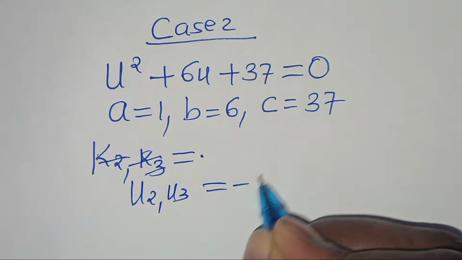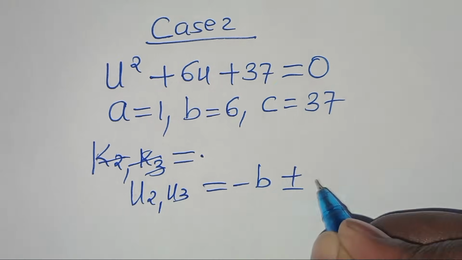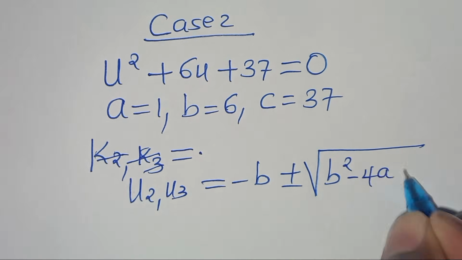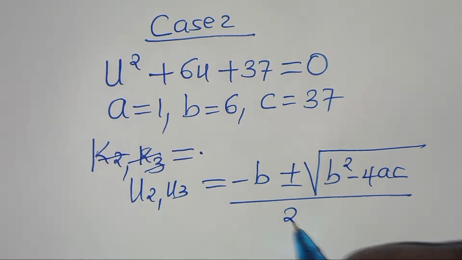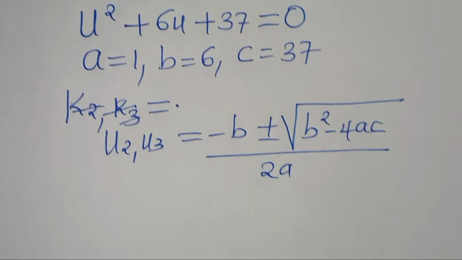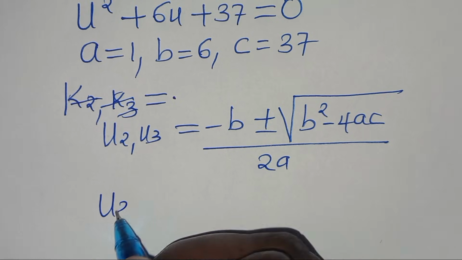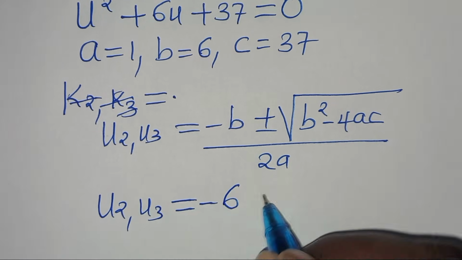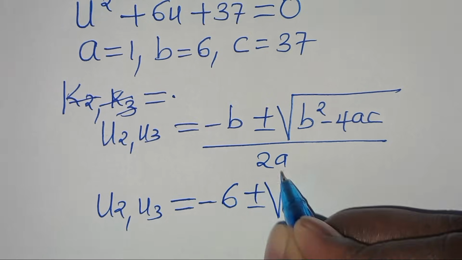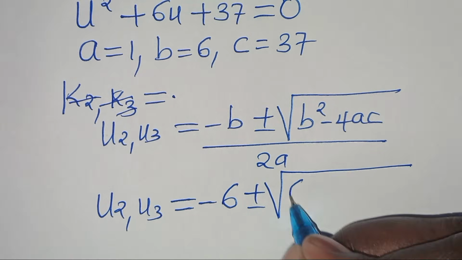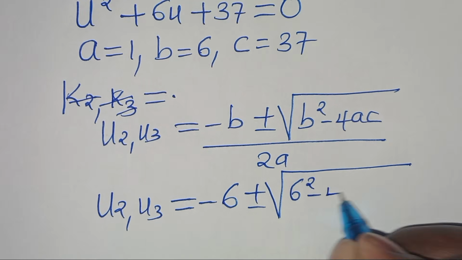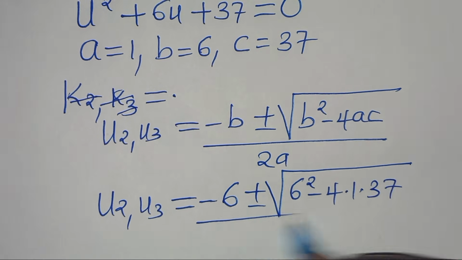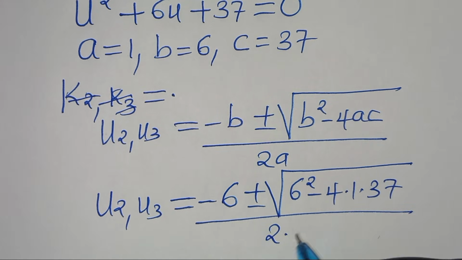By applying the quadratic formula, which is minus b plus or minus the square root of b squared minus 4ac, divided by 2 times a. So u2, u3 is equal to minus 6 plus or minus the square root of 6 to the power of 2 minus 4 times a, which is 1, times c, which is 37, divided by 2 times a, which is 1.